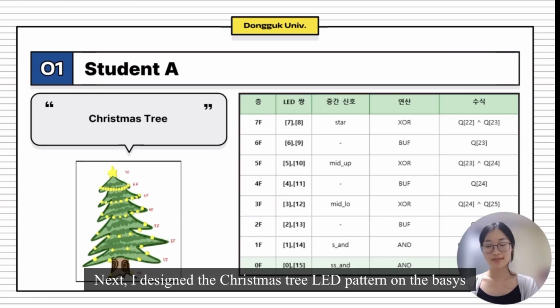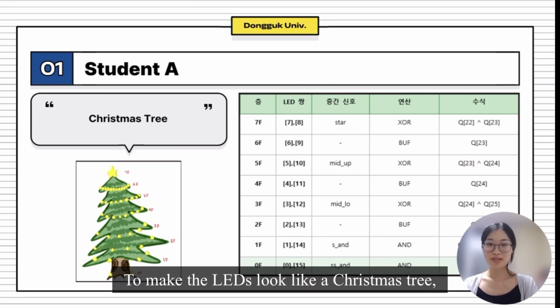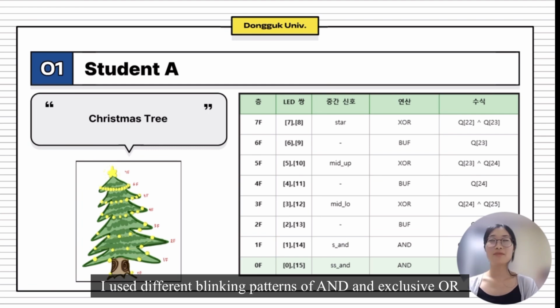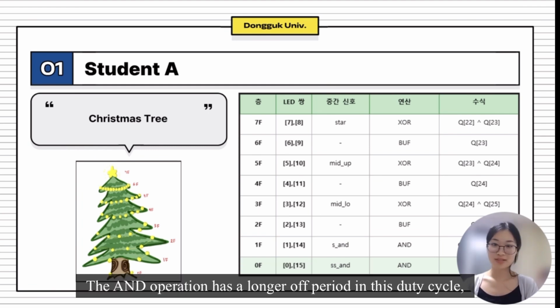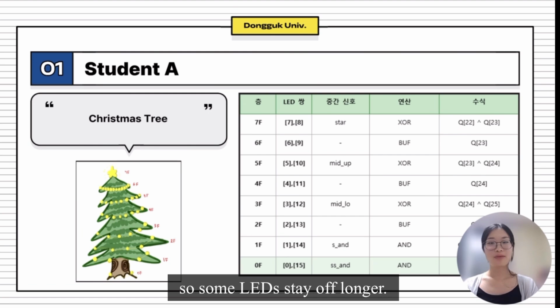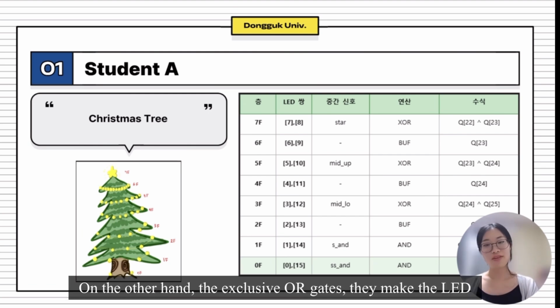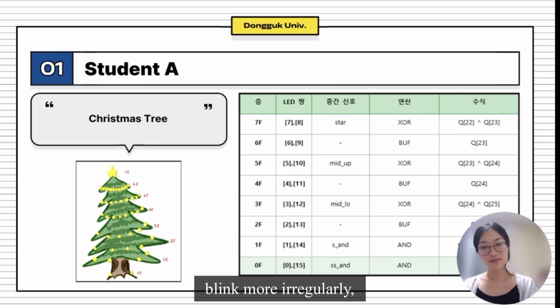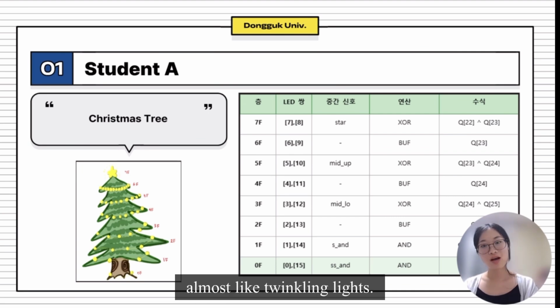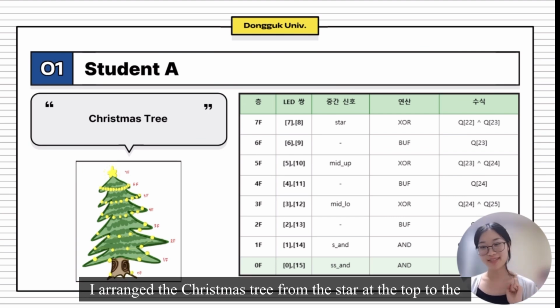Next, I designed the Christmas tree LED pattern on the Basys board. To make the LEDs look like a Christmas tree, I used the different blinking patterns of AND and exclusive OR operations. The AND operation has a longer off period in its duty cycle, so some LEDs stay off longer. On the other hand, the exclusive OR gates make the LED blink more irregularly, almost like twinkling lights.